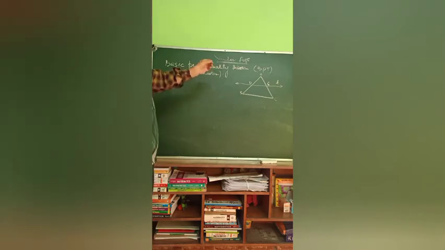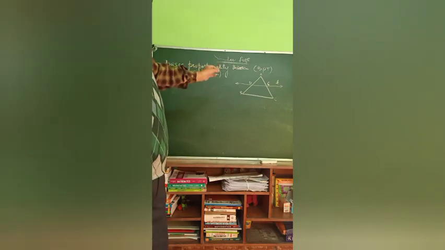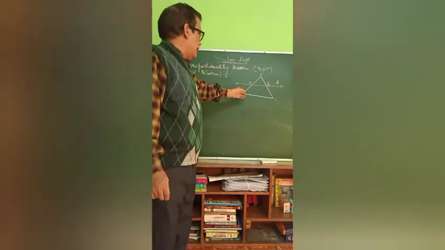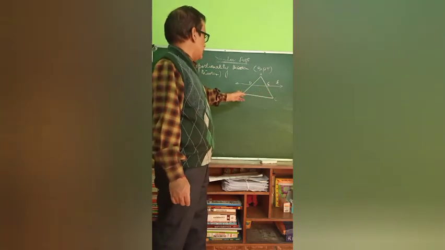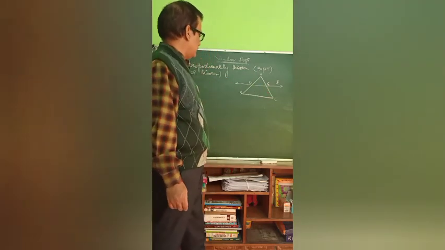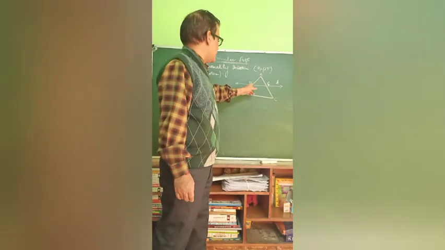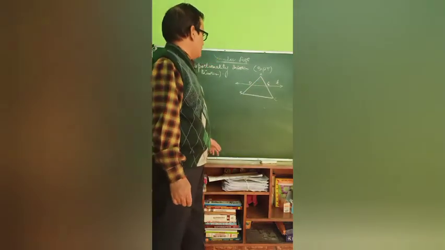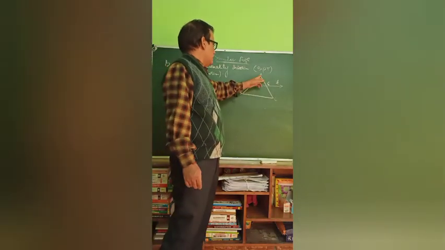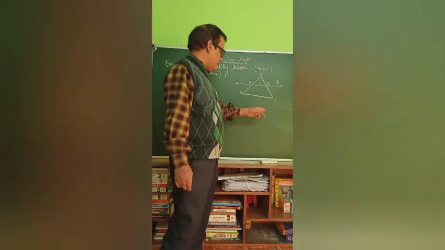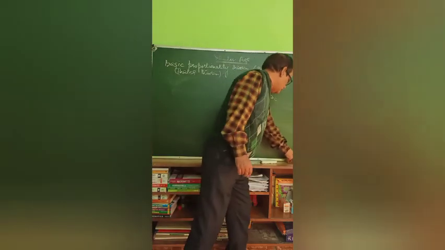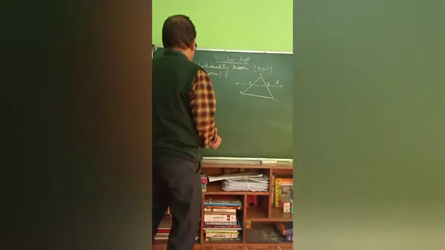So the statement says, in a triangle, prove that if a line is drawn parallel to any one side of a triangle, intersecting the two sides at two different points, then the sides are divided in the same ratio. So, state and prove.